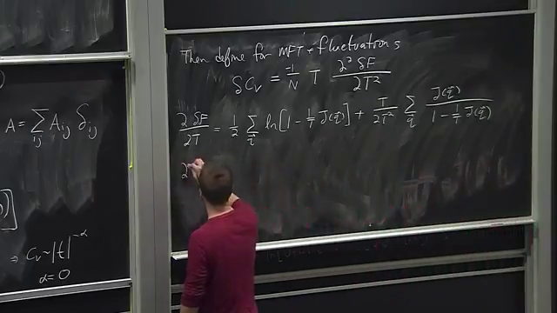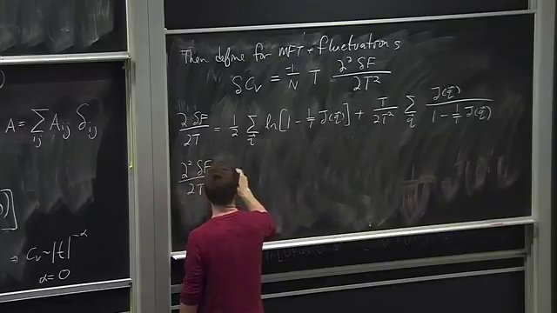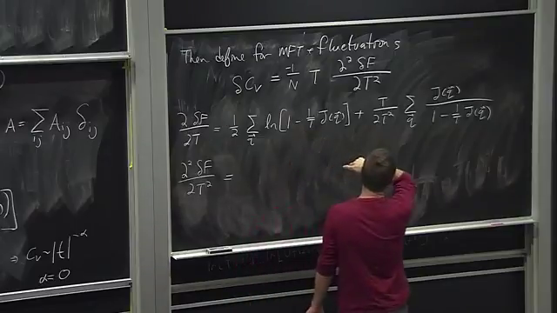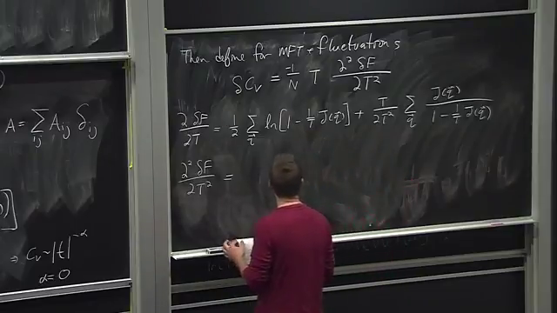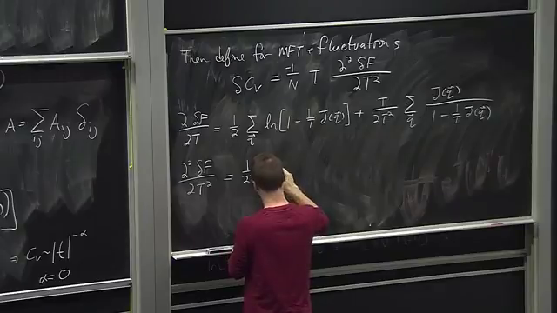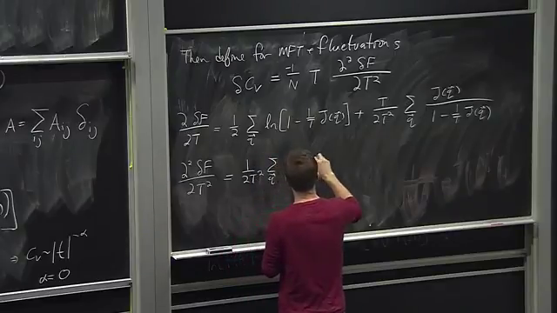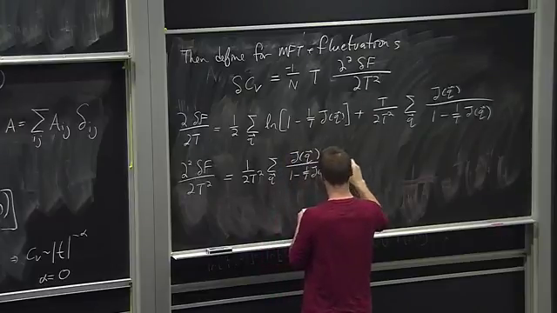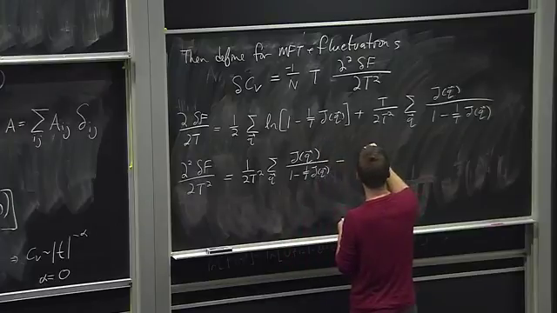No sense procrastinating. We have T dependence here, again, so that'll give us J of Q. We have a T dependence here. Let me just get rid of that. Over T squared.